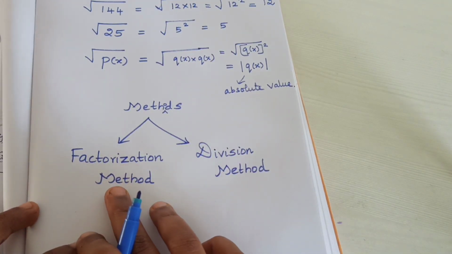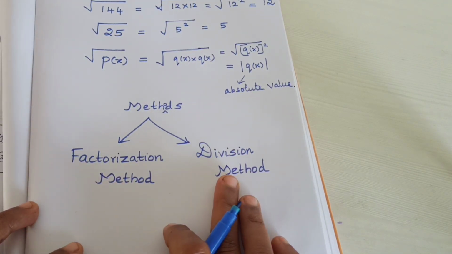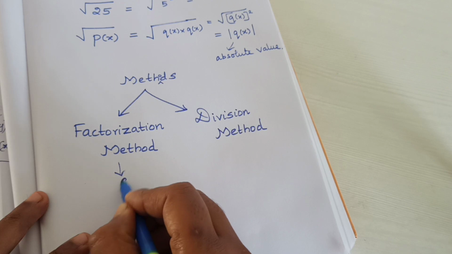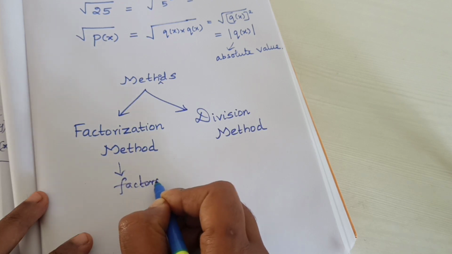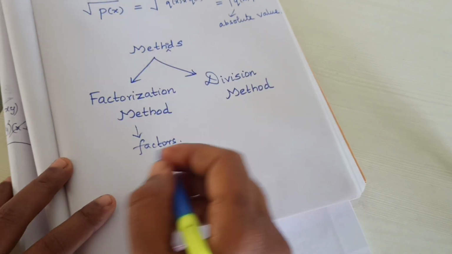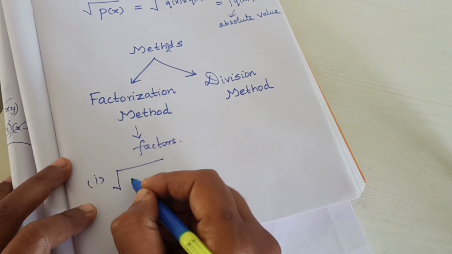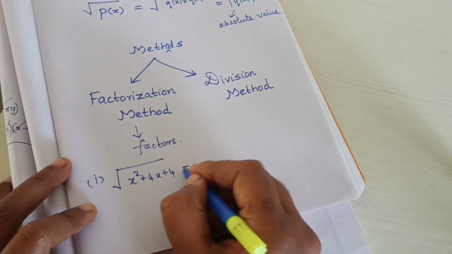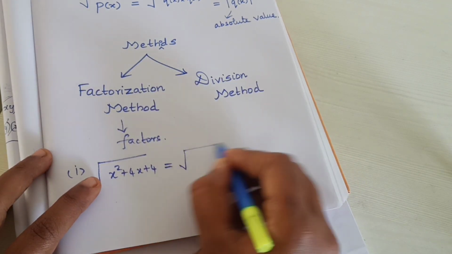There are two methods. First one is factorization method and the second one is division method. One by one we can learn. Factorization method means you need to split the term into factors. After that, you need to find the square root. For example, square root of x square plus 4x plus 4. How will you factor this?